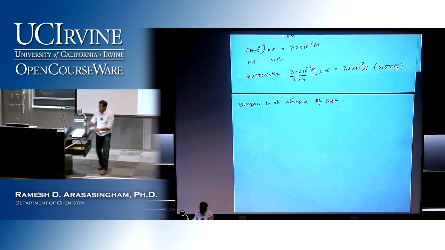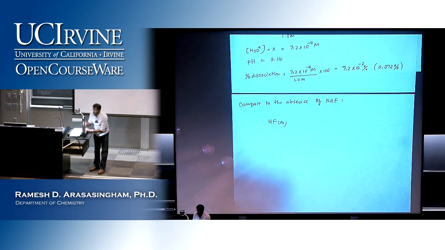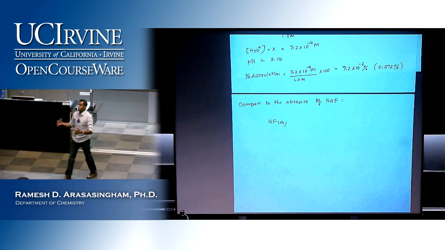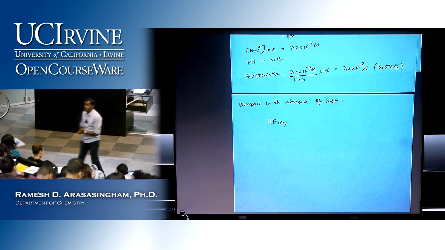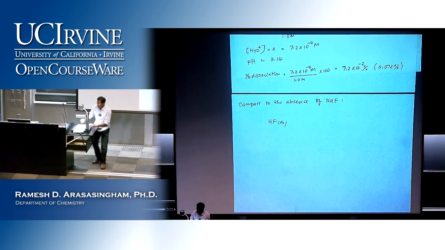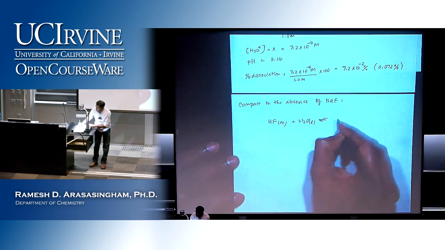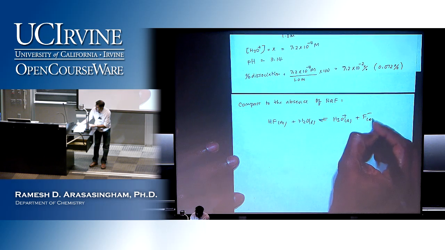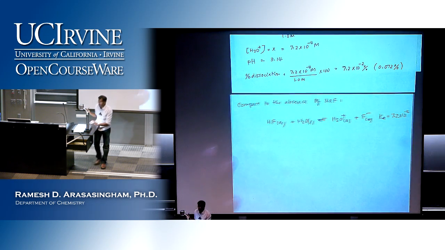So if I just had the weak acid, then this would be the kind of problems that we worked before. Remember, this is sort of the classic problem where what is the pH of a weak acid? You're given 1 molar of a weak acid, calculate what the pH is. You should be able to do this kind of in your sleep, huh? So what do we do? Write the equation. That gives me H3O plus aqueous plus F minus aqueous, and I know Ka is 7.2 times 10 to the negative 4.